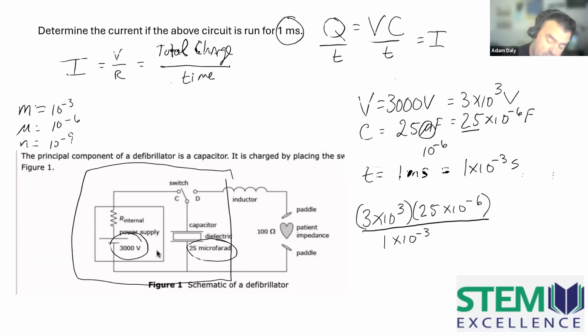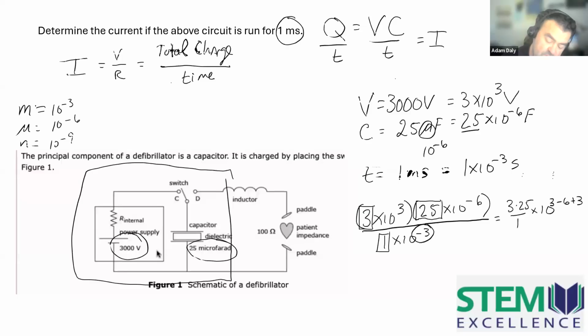Now, one thing we're going to do is deal with the numbers in the boxes first. So this is going to be 3 times 25 over 1. Then we do our powers of 10: 3 minus 6 plus 3. If you have a minus 3 in the denominator, it turns into plus 3 in scientific notation, like dividing by a smaller number.